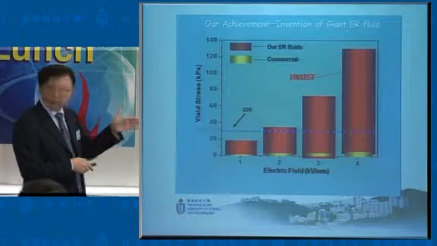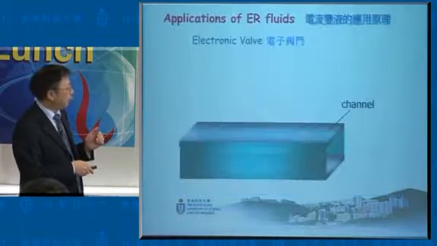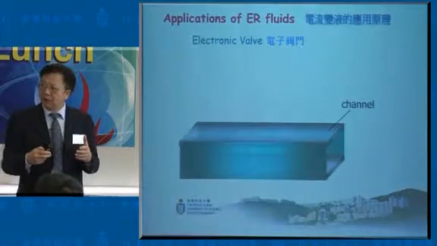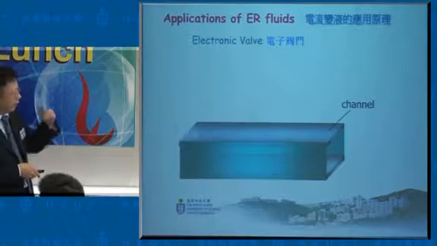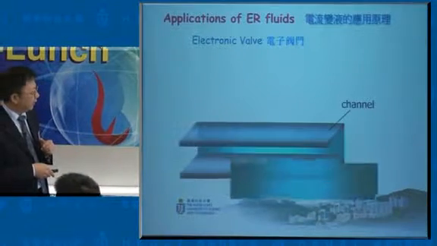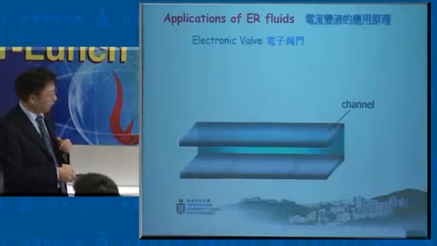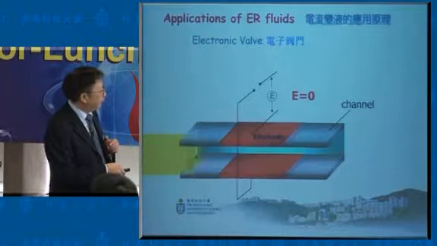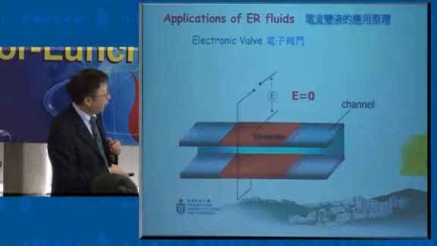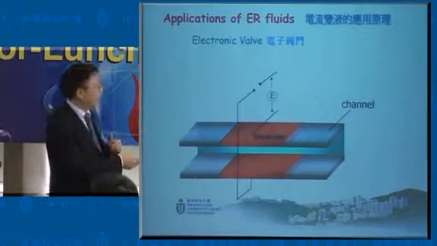So using these materials, we try to explain how to use the materials. So you can see here, it's a channel. Suppose it's a channel. And in this channel, we just insert the electron. And then the ER flow can go through this channel freely. Why? Because there's no electric field.